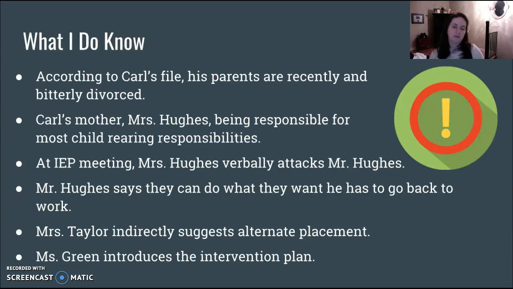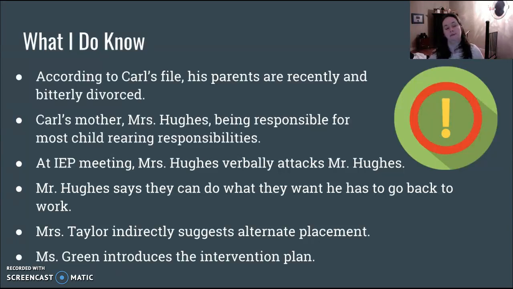There's been a lot of police intervention along with the divorce. So there seems to be a lot of bitterness and anger between the parents. Carl's mother, Mrs. Hughes, although both parents are given joint custody of the children, they're living in her home and she's responsible for most of the child rearing responsibilities.